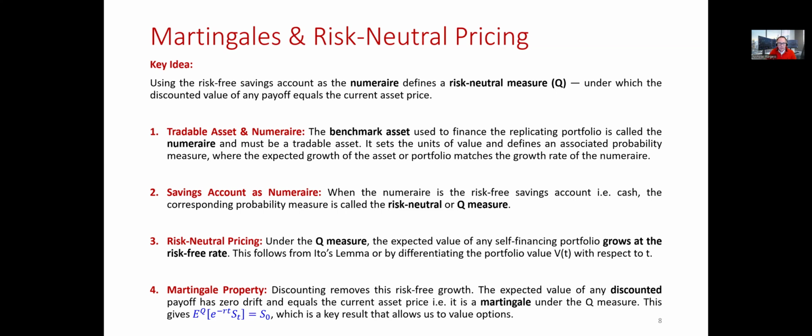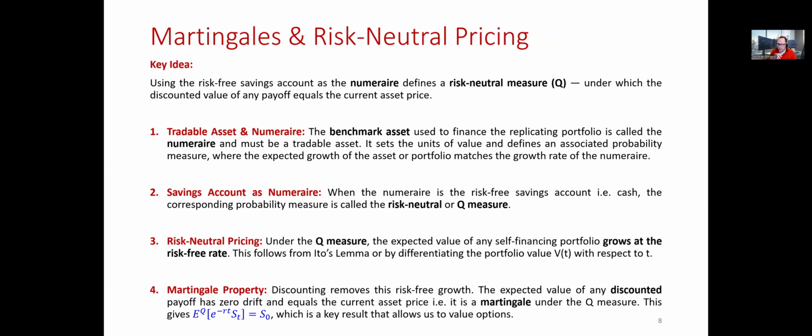And because of that, we're using a risk-neutral or Q measure, which controls the growth rate of the self-financing portfolio. So the self-financing portfolio grows at the risk-free rate, which is the same as the benchmark asset, and we want to eliminate that growth. The idea is that if we discount by the risk-free rate, we remove the growth from our process. And then the value of the discounted payoff is equal to the current price.